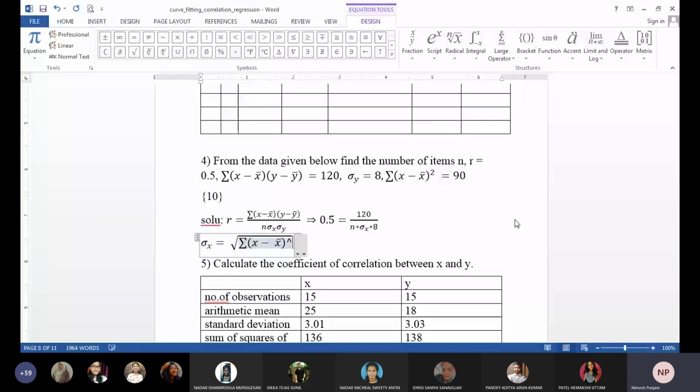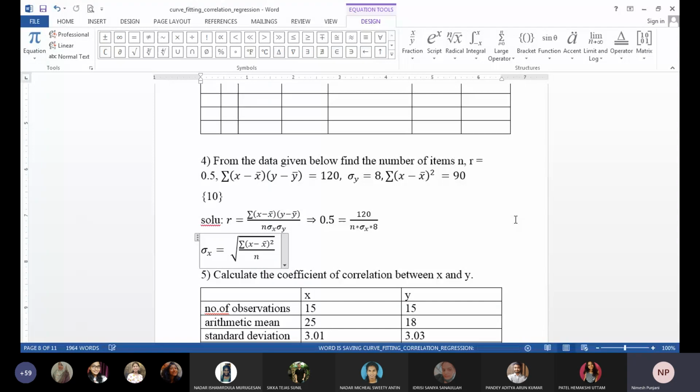Correct? This is the formula for sigma x. In the question, summation (x minus x bar) the whole square is given. Right?